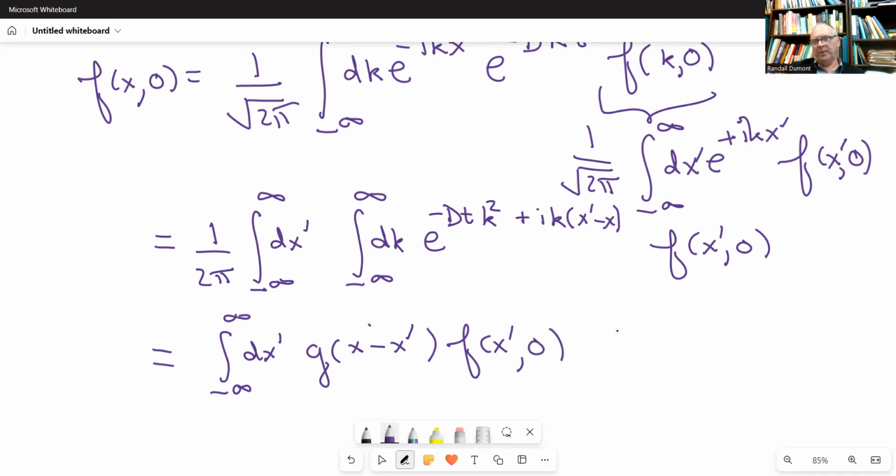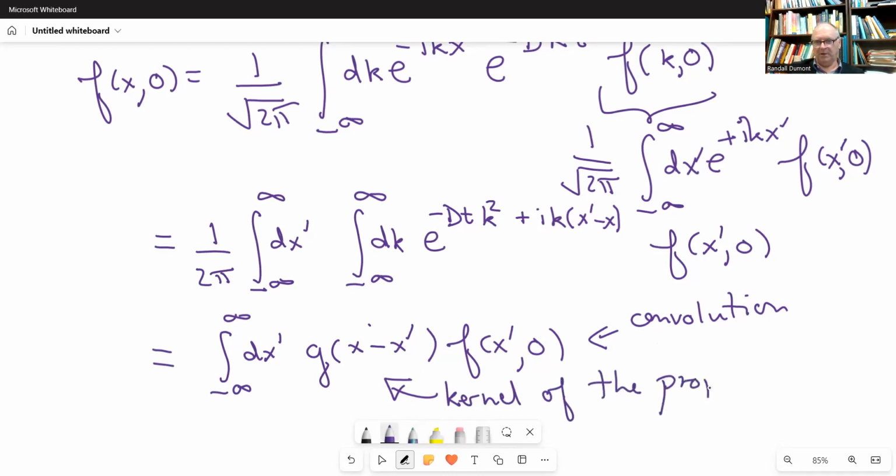And this is a convolution. This is the kernel of the propagator.